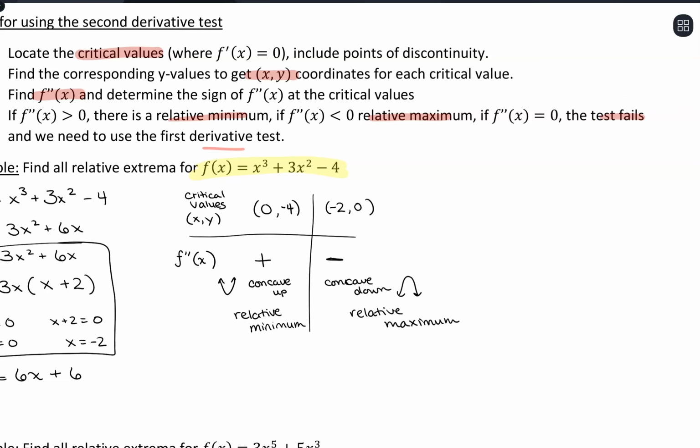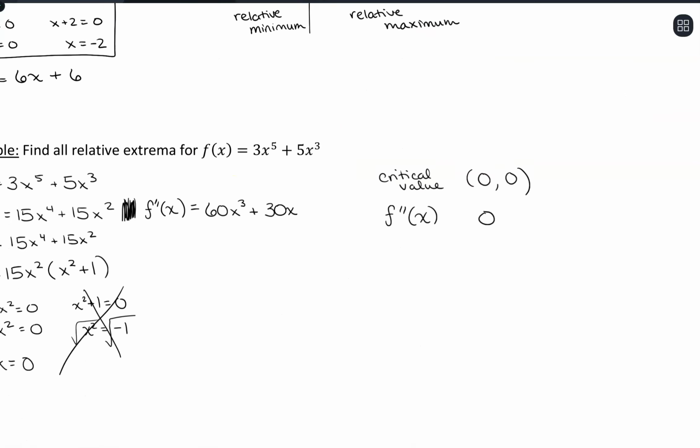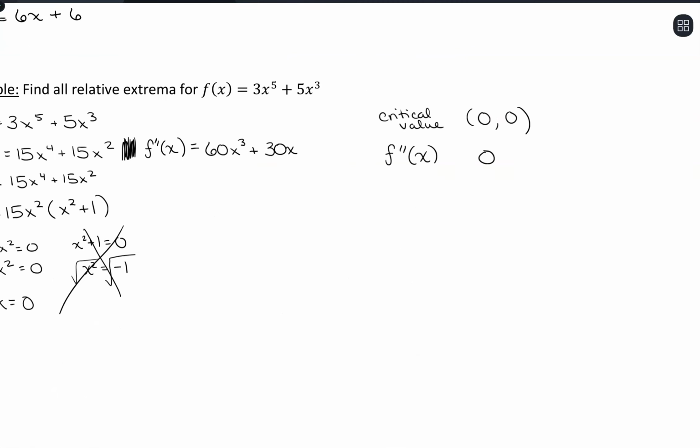So we need to go to the first derivative test. So I have to abandon my beloved second derivative test. We're going to skip that, and we're going to go to our first derivative test to see what is going on with this graph.